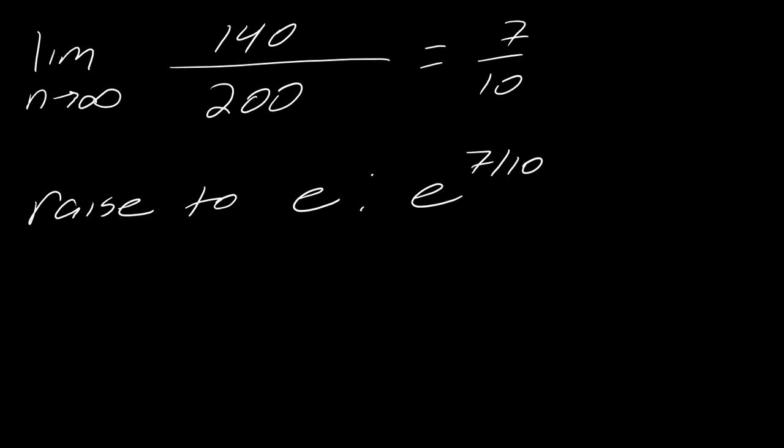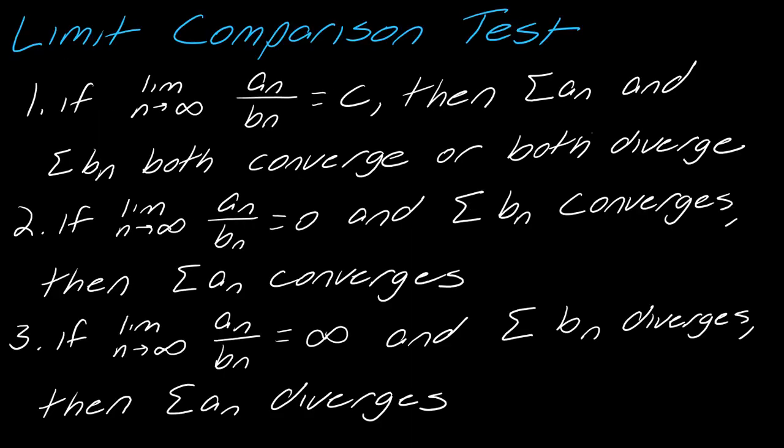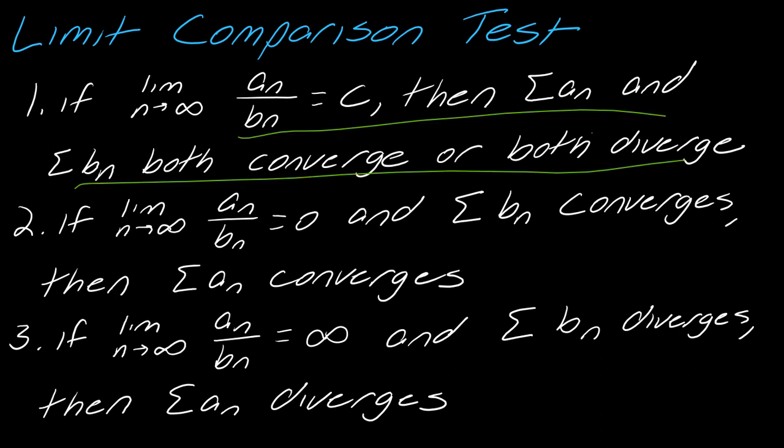So, okay, remember, we were working on the limit comparison test, and I had this a sub n divided by b sub n. So which one of these three conditions have I met now in the limit comparison test? I have met the one where this has converged to a certain value. So we're talking about this condition here. So I have found now that this crazy limit that I had converged to a value.